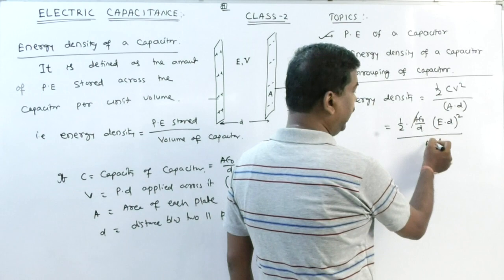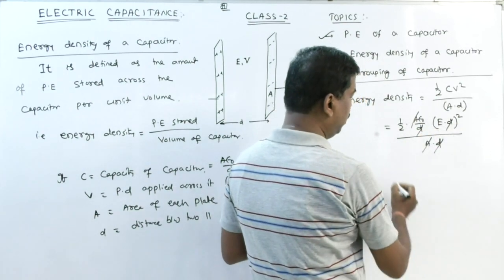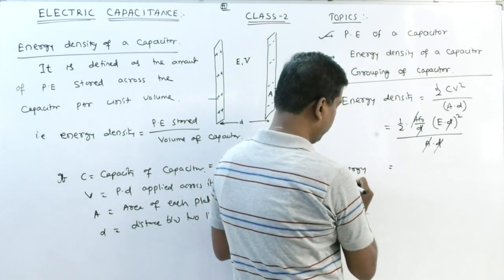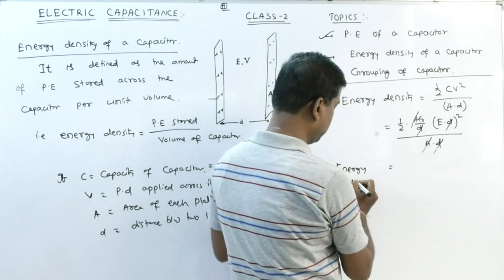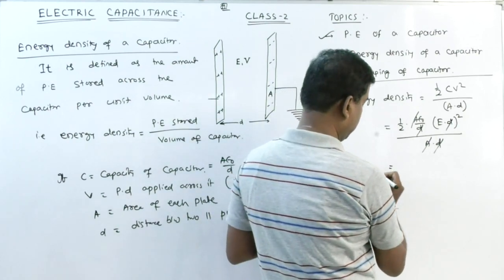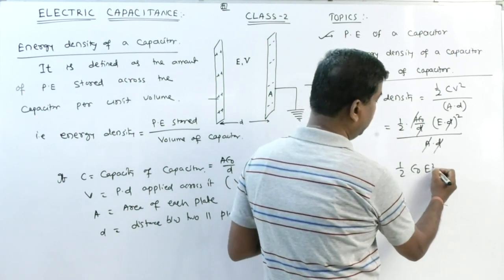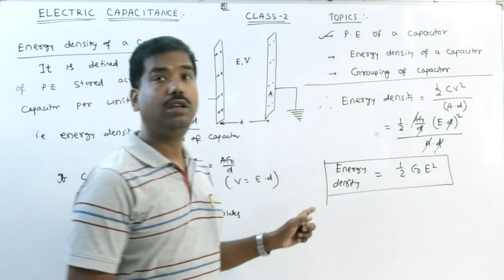If it is so, the area cancels, D square cancels. So energy density is half epsilon 0 E square. Clear?